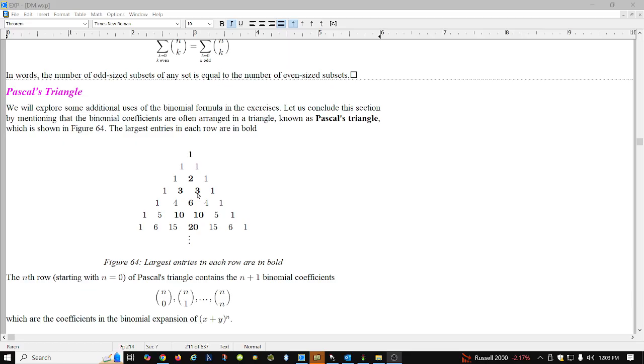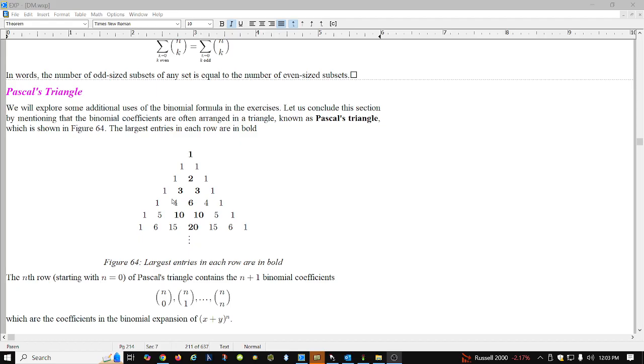But all these maximum values occur in the center of each row. And by center, of course, in some cases there's a single center. In other cases there are two centers in a sense.